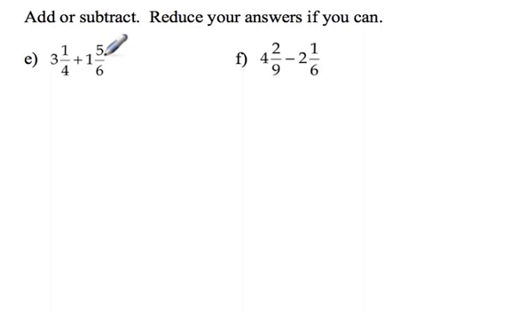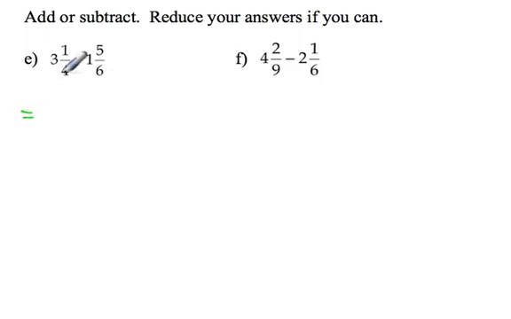Here we have to add mixed numbers. There are a couple of ways to do it. The way I will do it is we will change each mixed number into an improper fraction first, and then we will find a common denominator so that we can add the numerators.